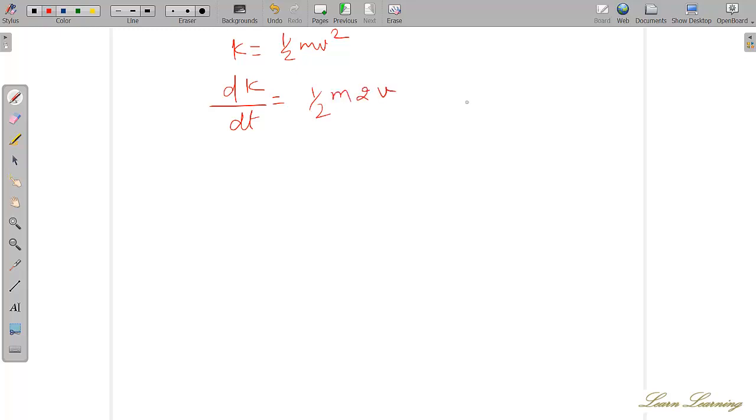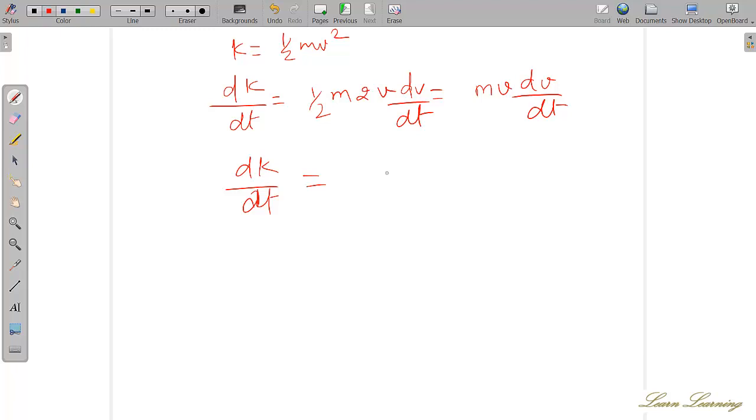So the 2 from v squared cancels the half, and this becomes m v dv by dt, because we don't know the velocity right now. So m v dv by dt. And what is dv by dt? The rate of change of speed, v, is acceleration, right?